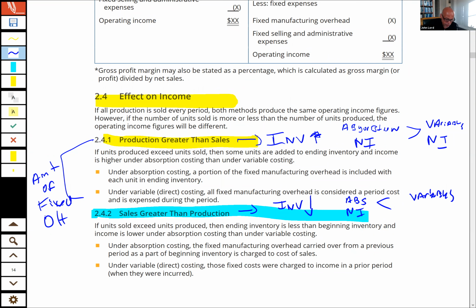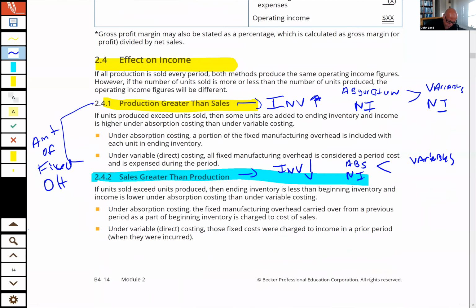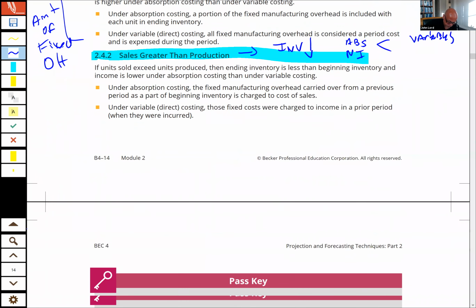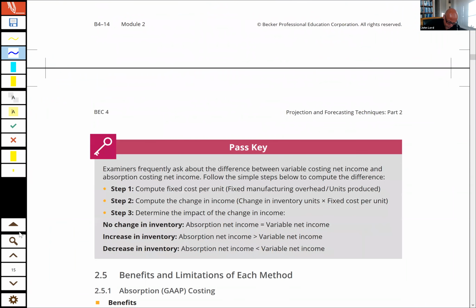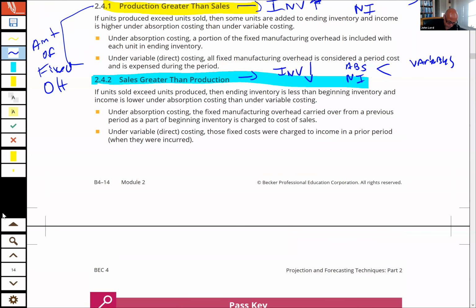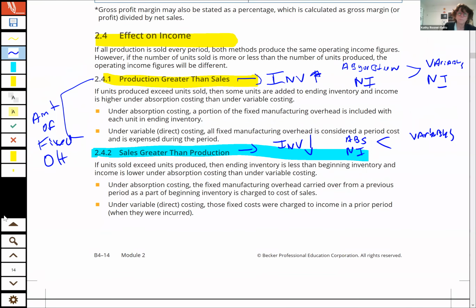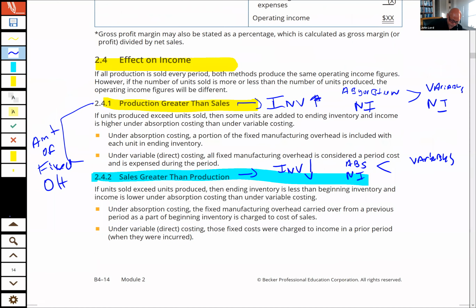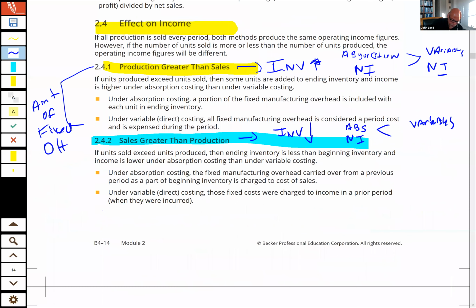Okay, if there's no difference, where's the no difference? Well, the first item on the pass key. Okay, they should have written it down here. Oh, I see, it's on the next page.